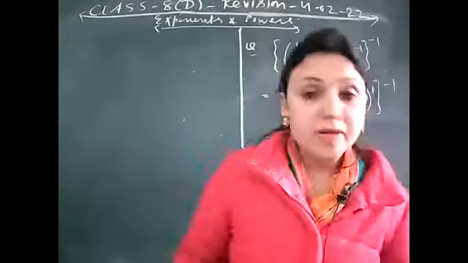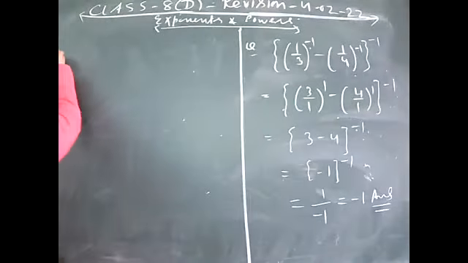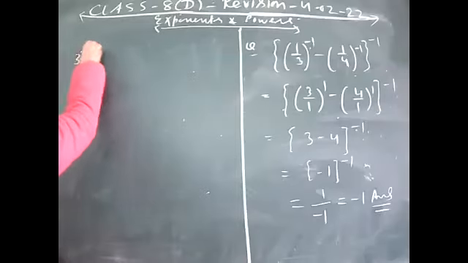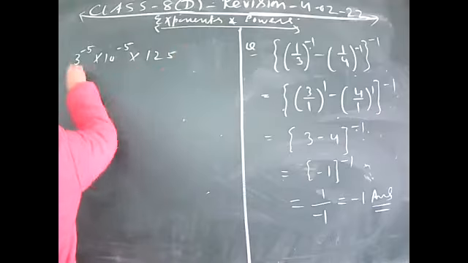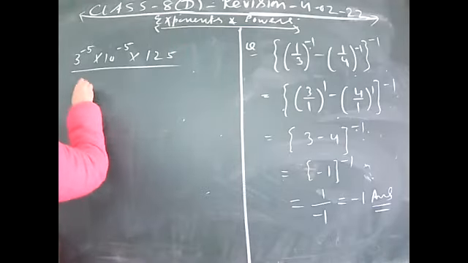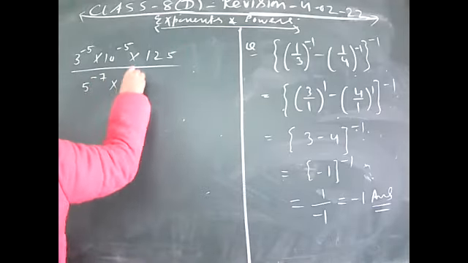Next question. 3 raised to power minus 5 into 10 raised to power minus 5 into 125 upon 5 raised to power minus 7 into 6 raised to power minus 5.